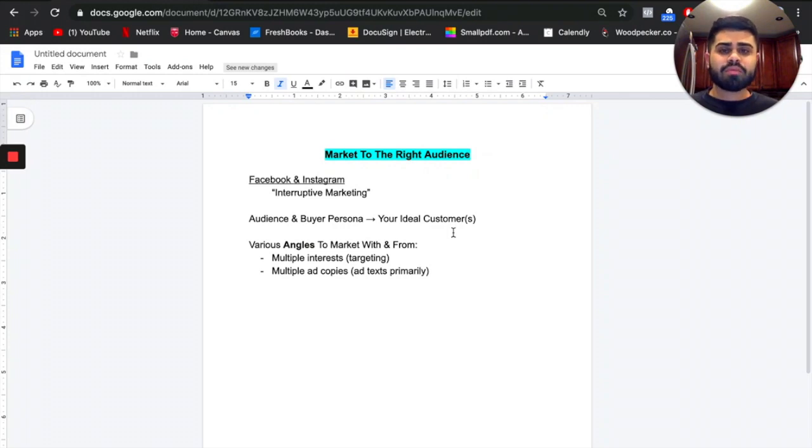We're also going to take a deeper dive into two example products that are great for getting insight into how to market to your right audience. When you're targeting from multiple interests, you always want to keep a broad scope and think of the end result: who will actually buy this product?